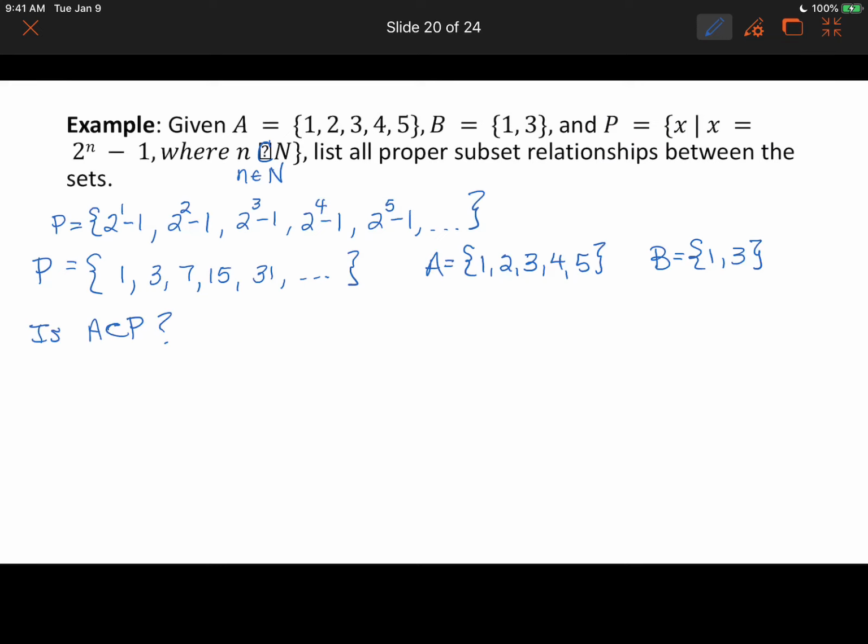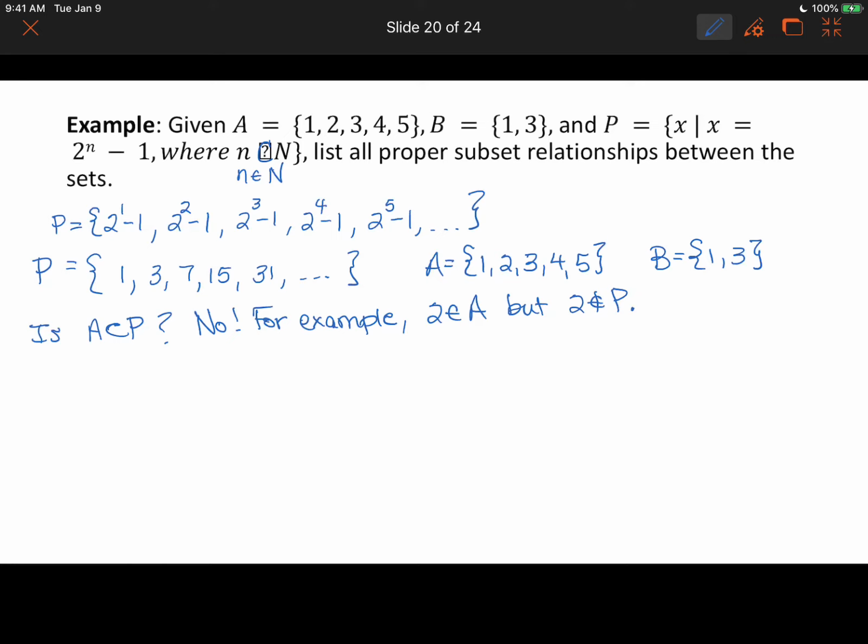Well, let's look at the elements of A. 1 is in A and also in P, so that lives there. 2 is in A but not in P, so no. For example, there's an element of A, 2, but 2 is not an element of P.